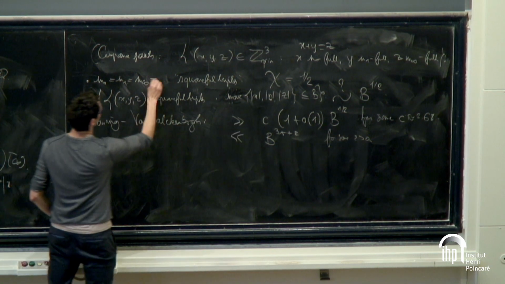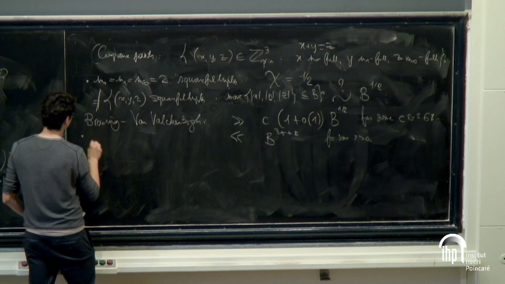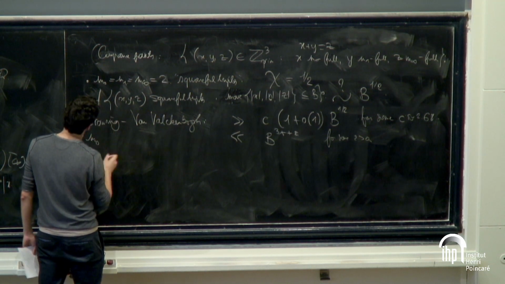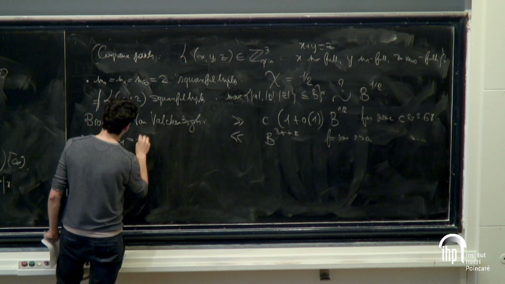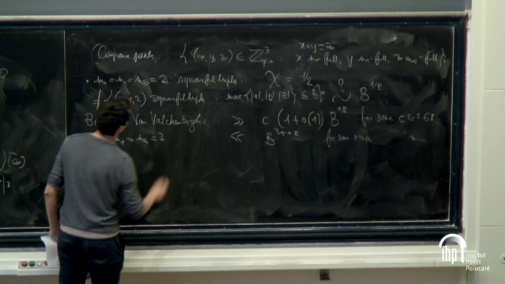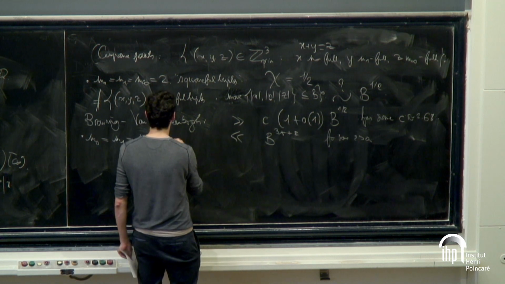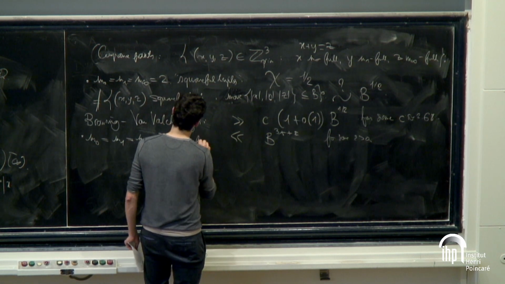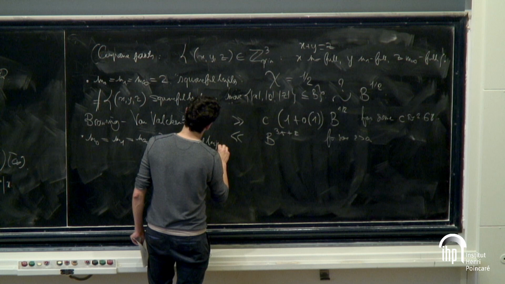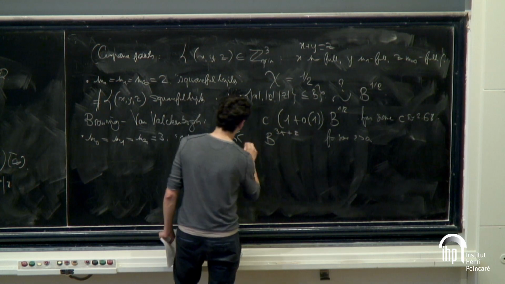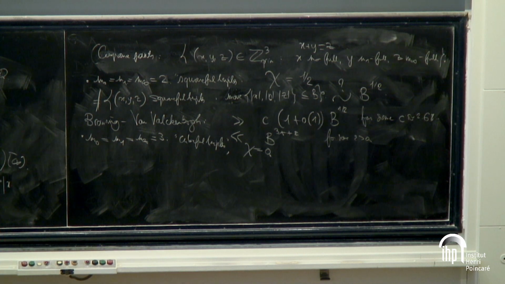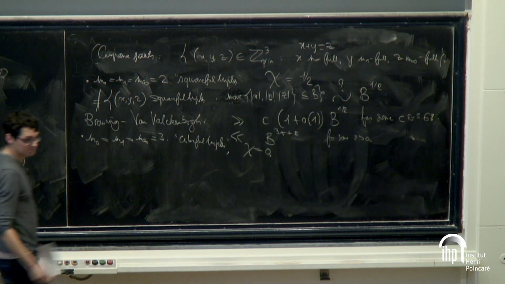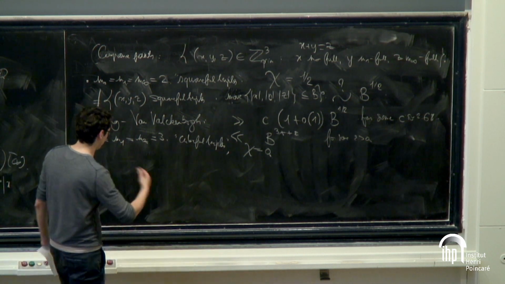Then if all multiplicities at the boundary, so m0, m1, and m infinity, are equal to 3, then we're talking about cubeful triples, and our orbifold characteristic is equal to 0. So the question is, what should we expect?